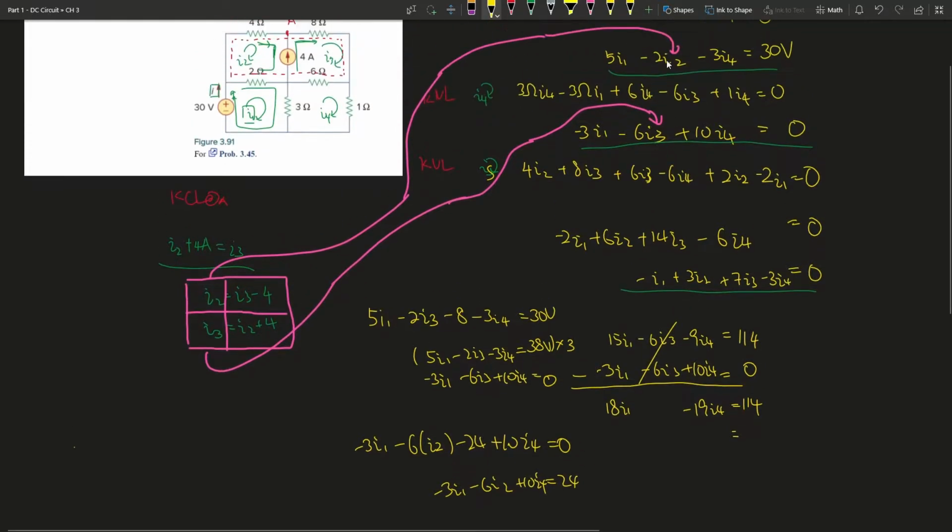Comparing with the equation on top, which is 30, negative 3 I4, negative 2 I2, and then 5 I1. Okay? Oh wait, we already did that. Okay, never mind.